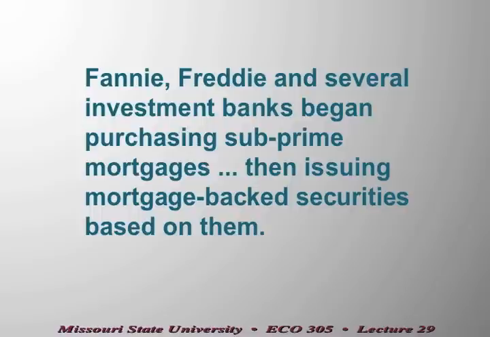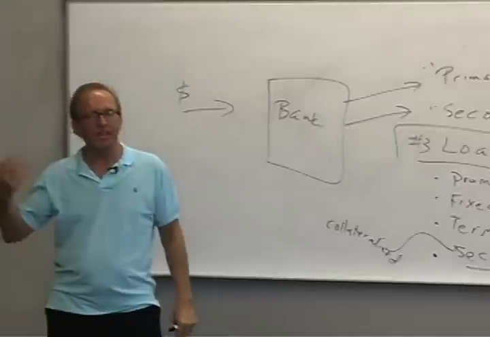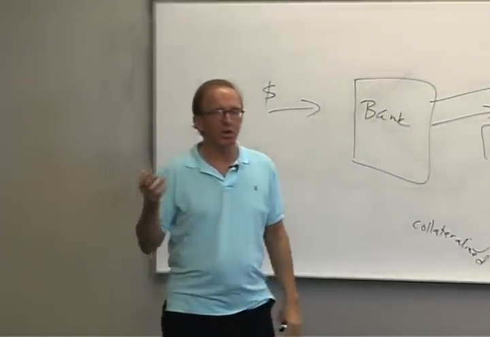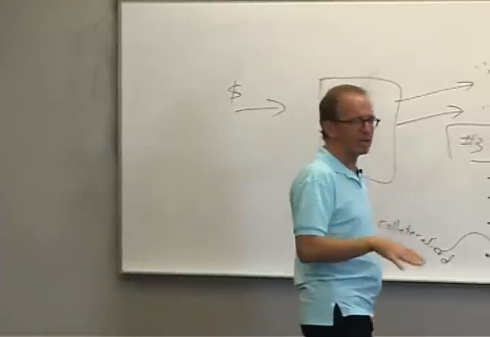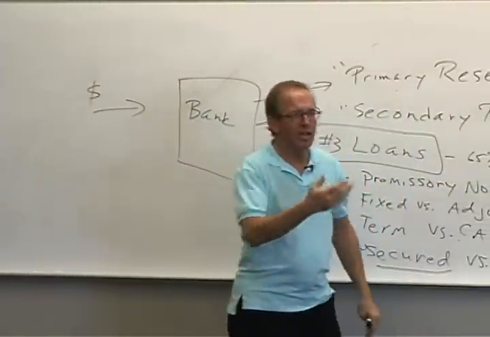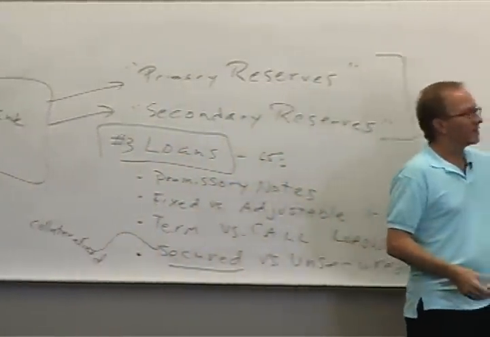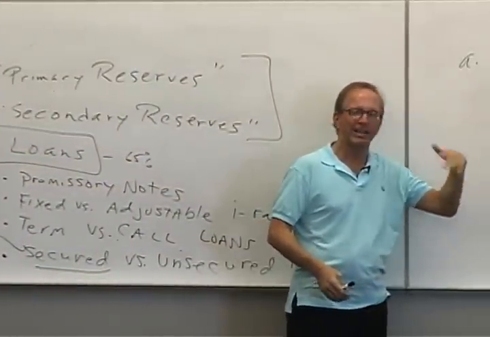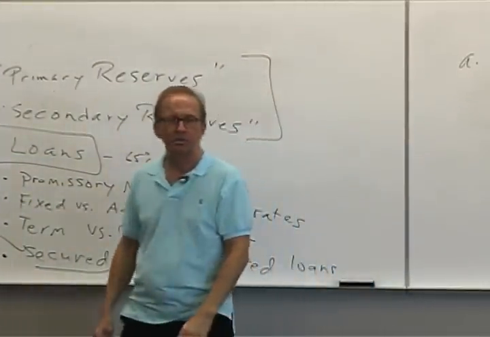And then investment banks started doing the same thing, which was come up with these mortgage-backed bonds and selling those bonds, and they started buying these loans from banks that were 90 and 95 and 100% loans.